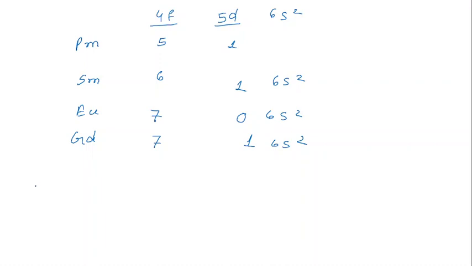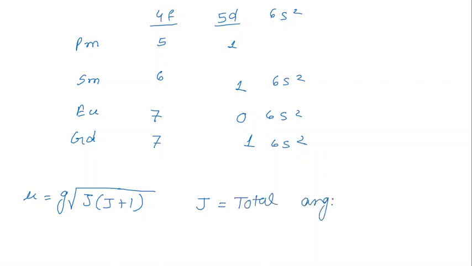So, to calculate the magnetic moment of the lanthanide elements, we have a general formula: mu equals G times the square root of J(J plus 1). Here J designates the total angular momentum.